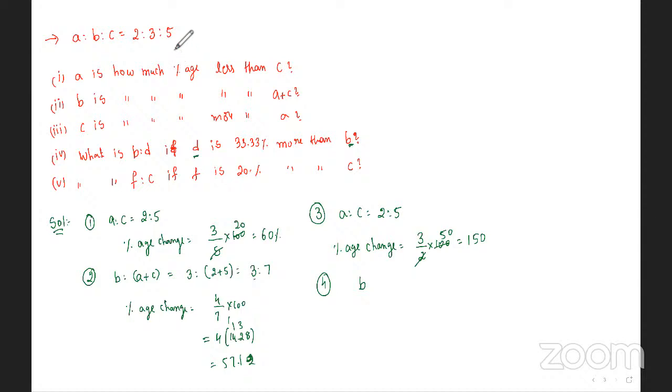Whenever there is ratio A is to B is to C is equal to 2 is to 3 is to 5, मतलब A is equal to 2x, B is equal to 3x, C is equal to 5x. That's what the actual values are.